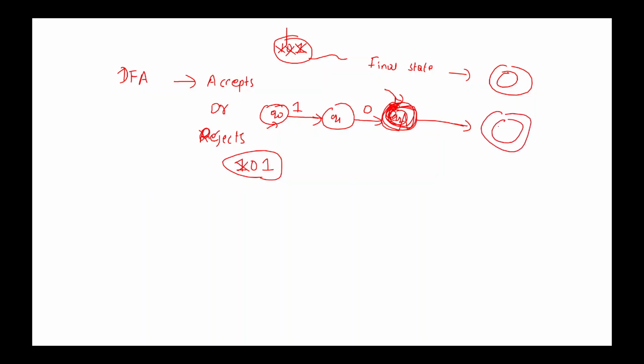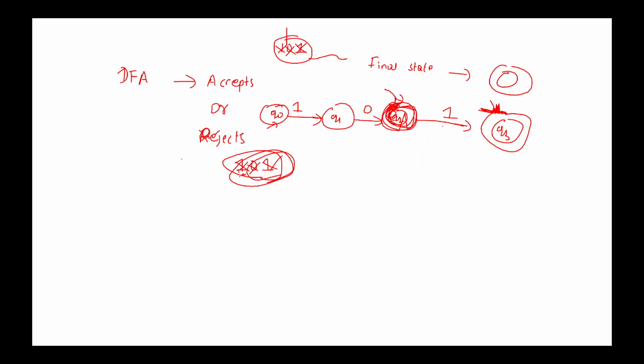Now it will receive one more symbol, 1. After the completion of the string, the model has ended at the state q3, which is the final state. So when a string ends and after the completion of all the transitions, if we end at the final state, then we say the string is accepted.